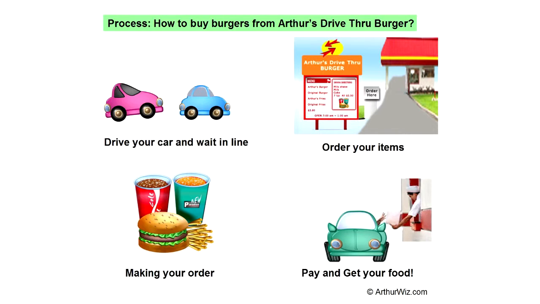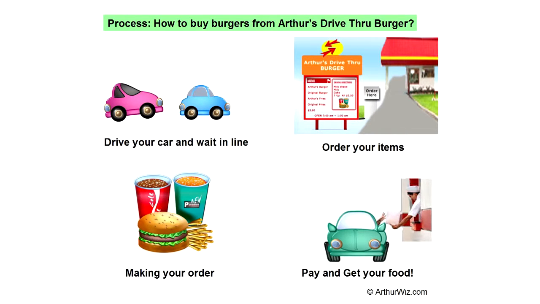For the second step, the actual ordering, the main players are the order taker and you. And the order box can be a player as well. For the third step, the main player is the chef who makes your food. And finally, in the last step, the cashier and you are the main players, since you pay and pick up food from the cashier.